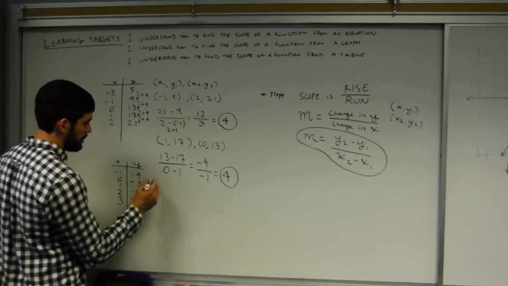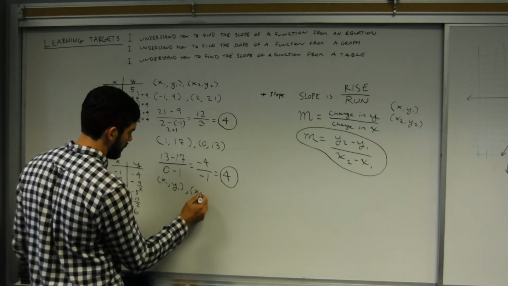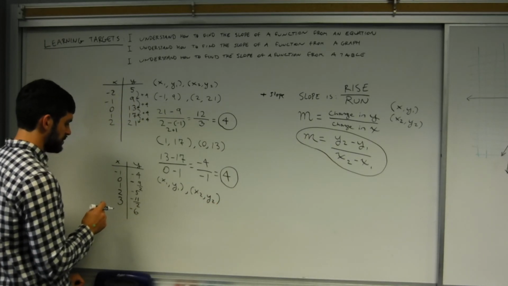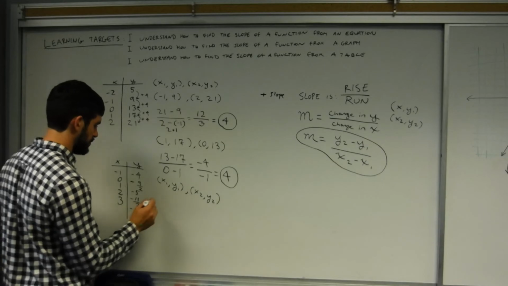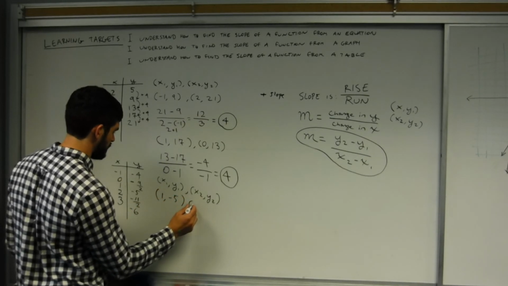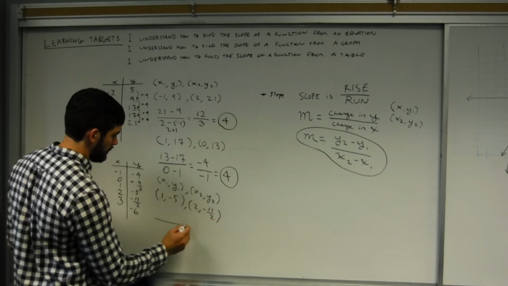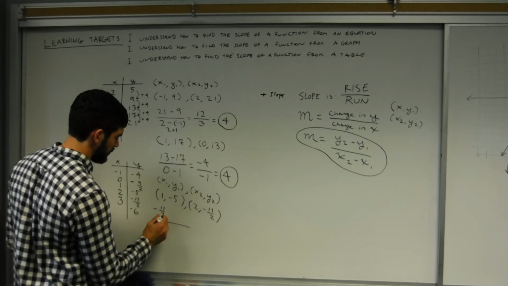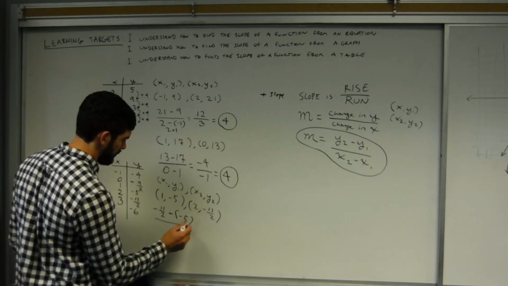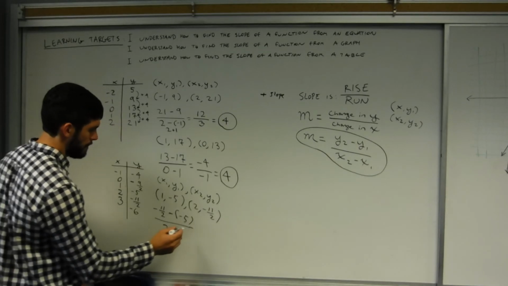We're going to have x1, y1, and x2, y2. Let's choose this point and this point. We have 1, -5, and we have 2, -11/2. We get -11/2 minus -5, over 2 minus 1.